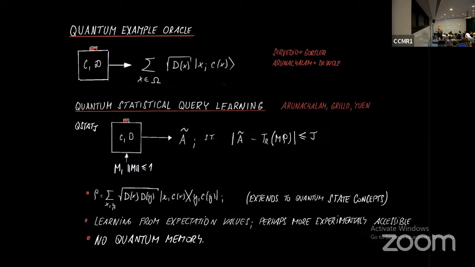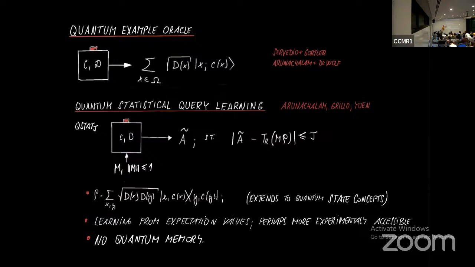Okay, you may wonder how it compares to the random example oracle, and if you do wonder about it, then please read one of those papers. But similarly to what happened with the random example oracle on the classical side, you can formulate a quantum statistical query learning oracle, by, instead of feeding in Boolean functions, now feeding in observables.